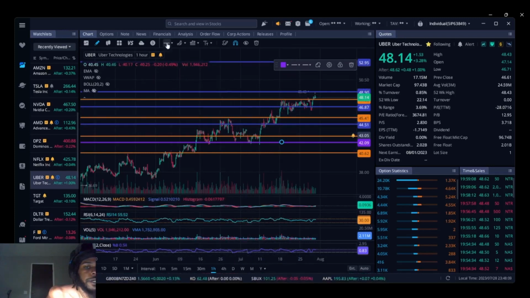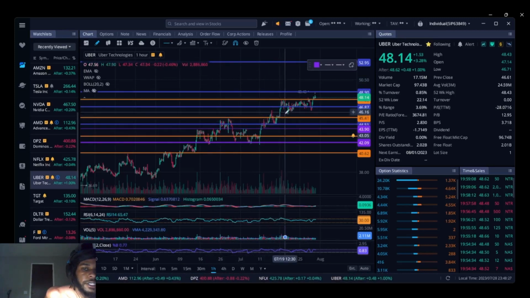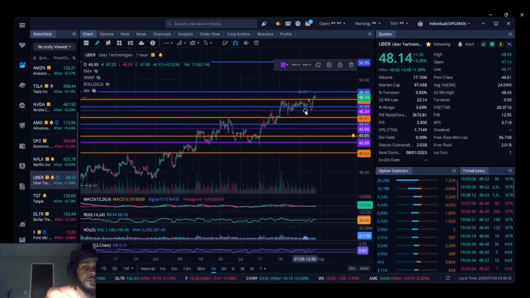All right, so we got the blue lines for the weekly, orange lines for the daily, and now we got purple lines for the hourly. Like I said, if you got an hourly close to a daily, and it lines up with maybe a Fibonacci level, you need to take note of that area.